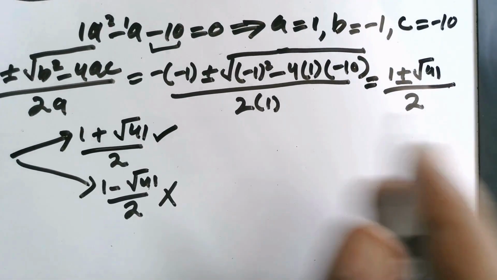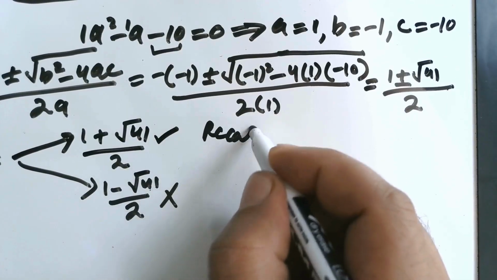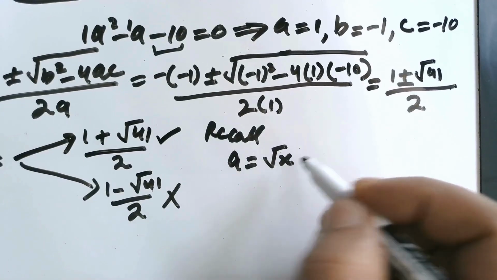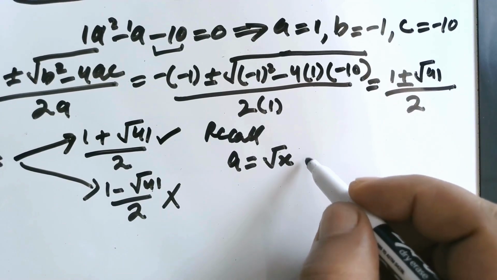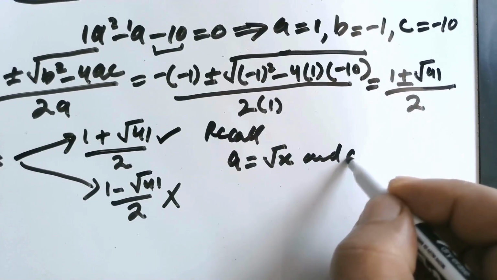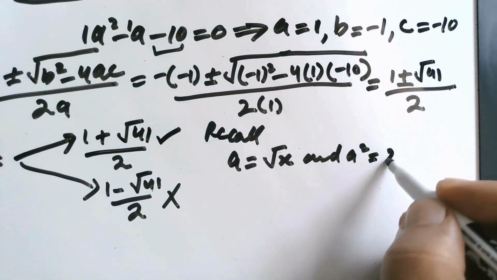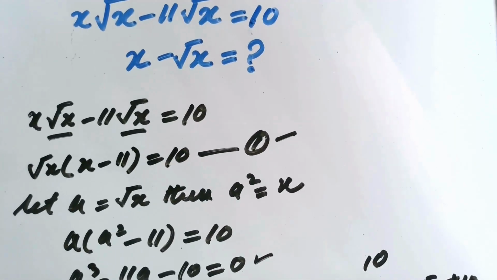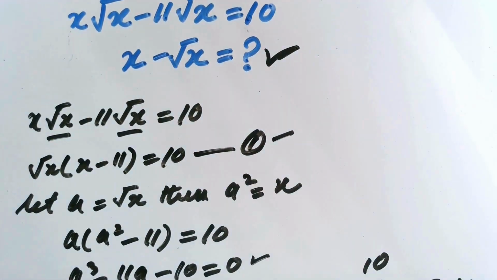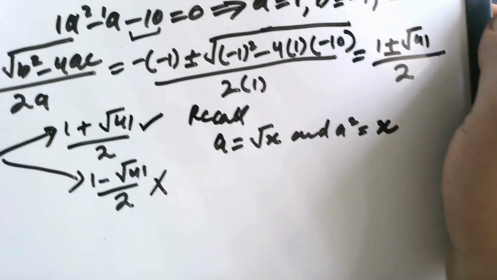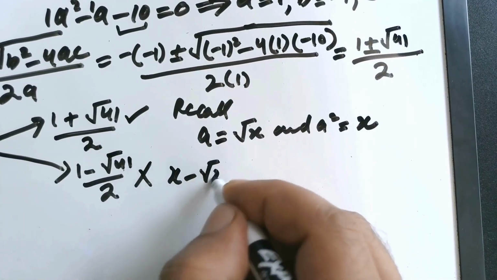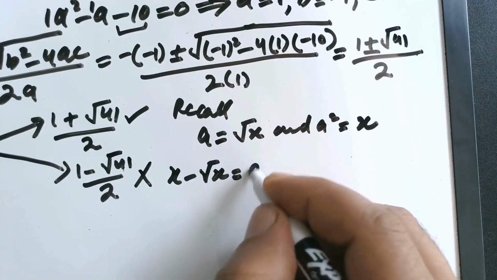Okay. So now recall a, x minus square root x. That would be x minus a square.